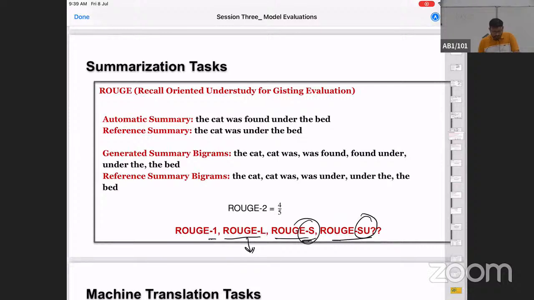And then ROUGE-SU is an extension of ROUGE-1 plus ROUGE-S. Whether you have skipgrams matching or unigrams matching, both of them will be considered as matched. And that is called ROUGE-SU. Now, there is no paper which says whether you have to use just ROUGE-2, ROUGE-3, ROUGE-4 or ROUGE-1.